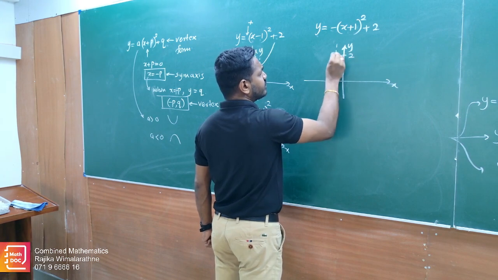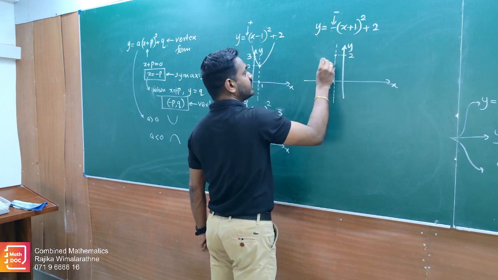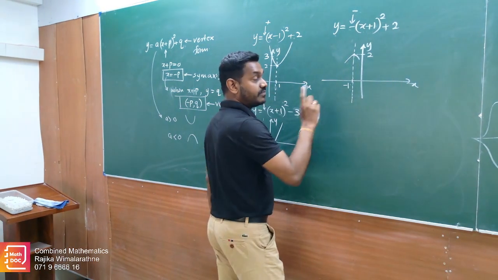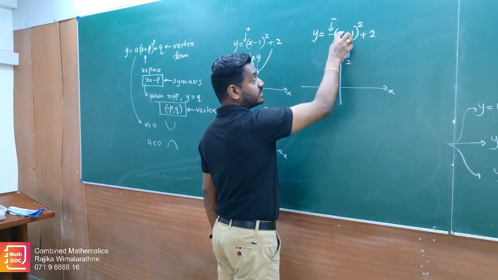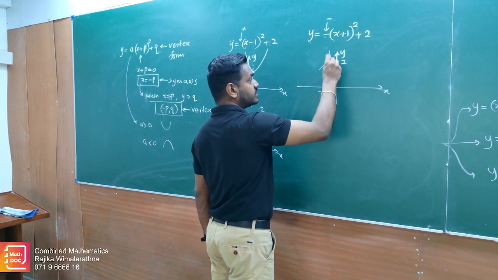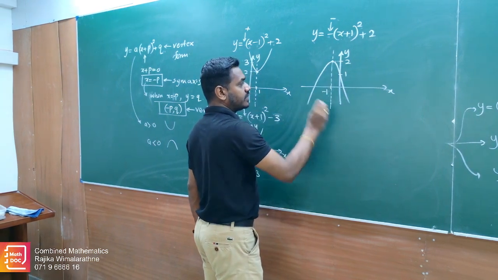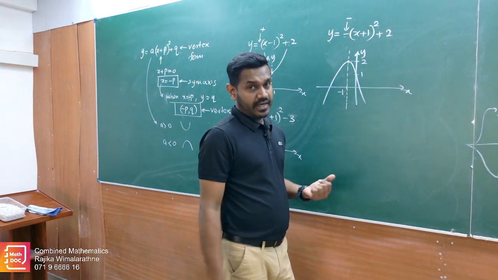So here it is negative, and negative means it has a maximum shape. Now before completing the graph, you find the y-intercept. Substitute x equals 0: 1 squared is 1, minus 1 plus 2, it goes through 1. Okay, this is a mind game. You can do it all in your mind.